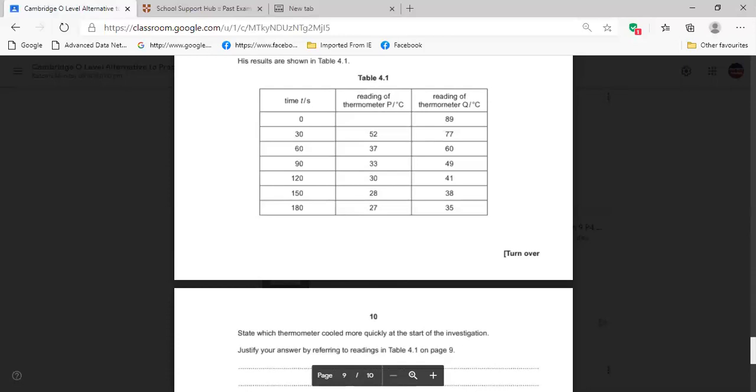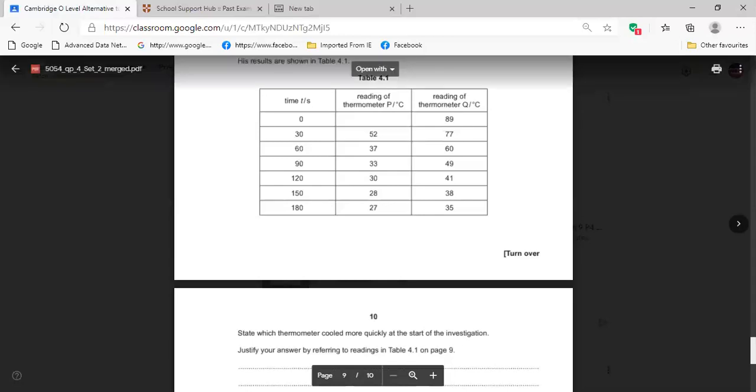Which thermometer cooled more quickly? So, here you got 86, right? So 86 to 52. What is the difference in temperature? 34.